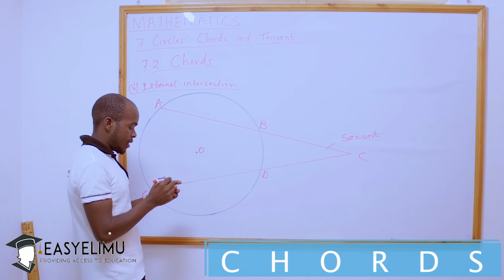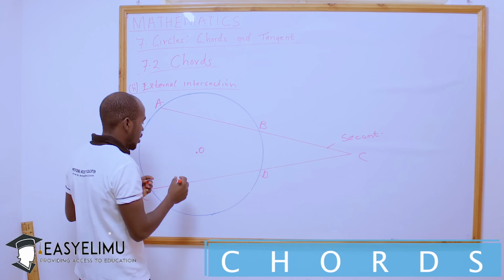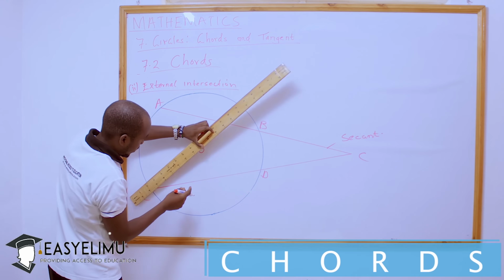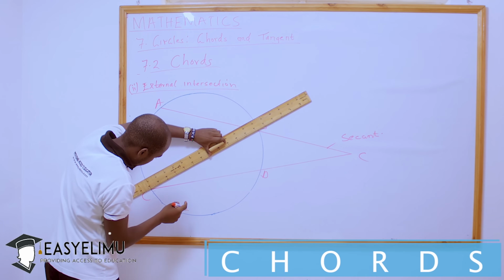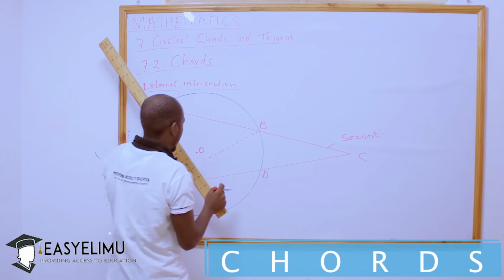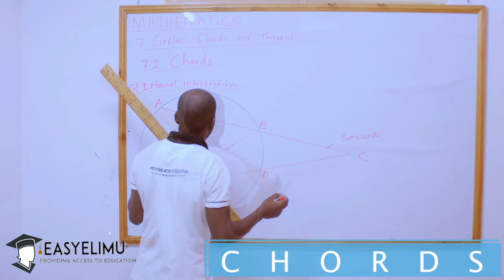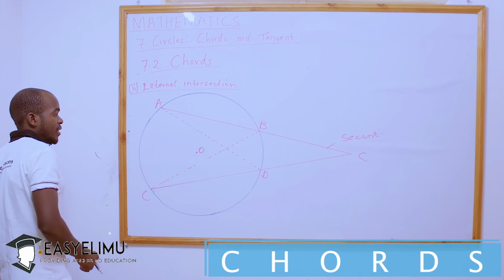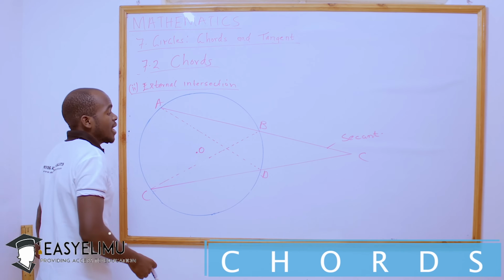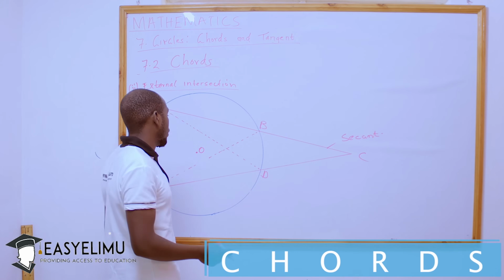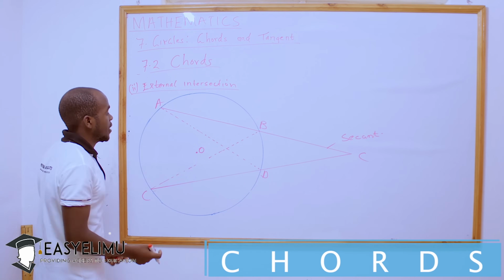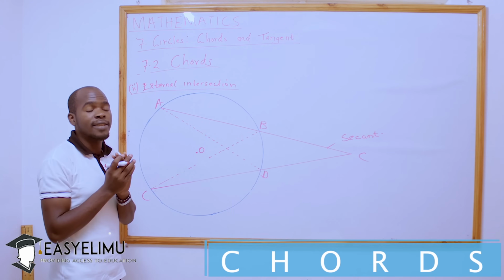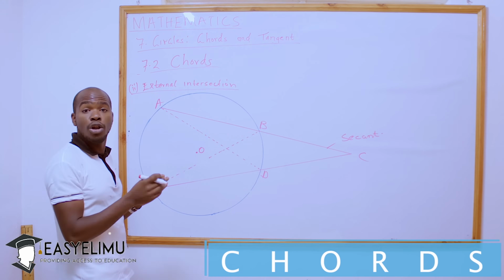From the previous, we have seen if we extend this part here, it touches here, and this other in that direction. We shall find that they are still intersecting, but those are just lines to help us find some information. The lines which we have intersected inside refer to internal intersection, but we are now seeing external intersection.